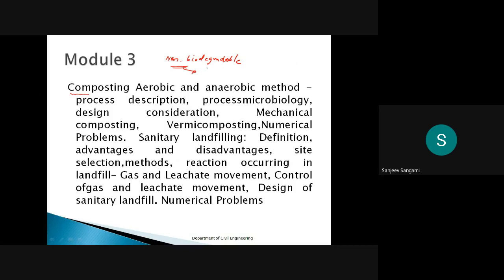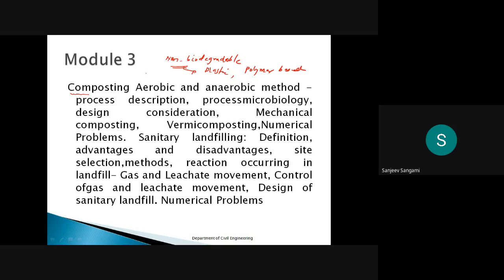Non-biodegradable means, assume it is plastic or some polymer-based solid waste, so that can be processed, recycled, or reused. That we will discuss in the second module.